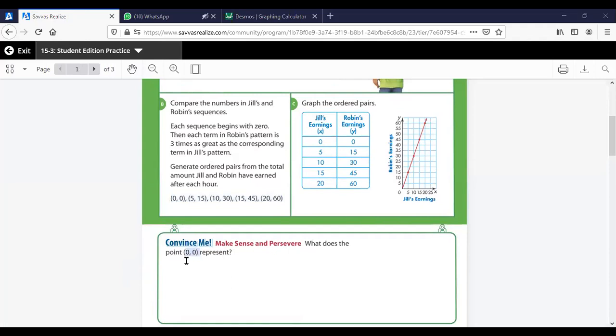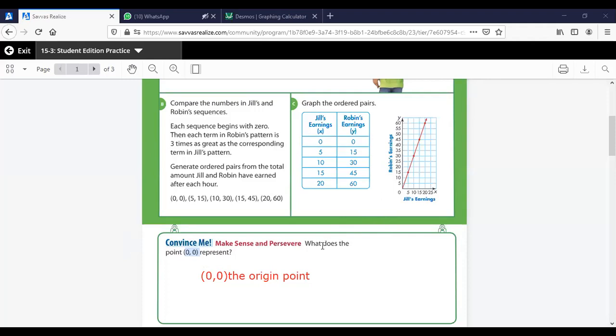Write that here. 0, 0 is the origin point. Why is it called the origin point? Because I'm always starting from 0, 0.